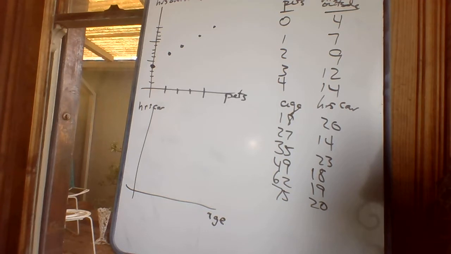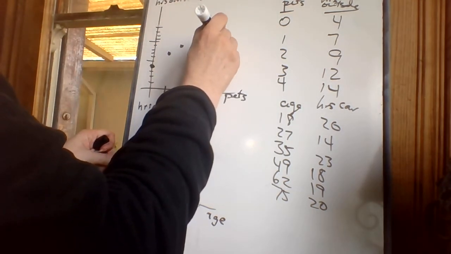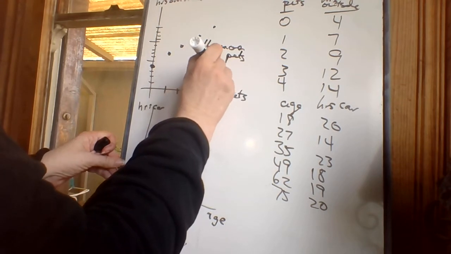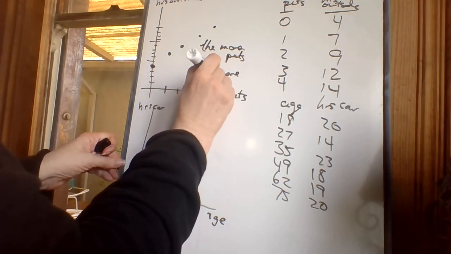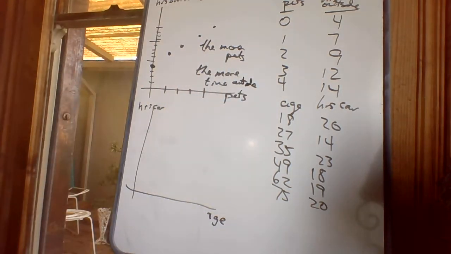I could also say the more time outside, the more pets you have. Because correlation is not causation, we don't know which is causing the other. I'm going with the more pets, the more time outside as my relationship.